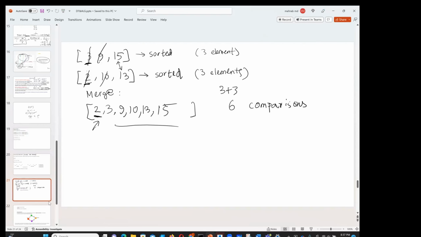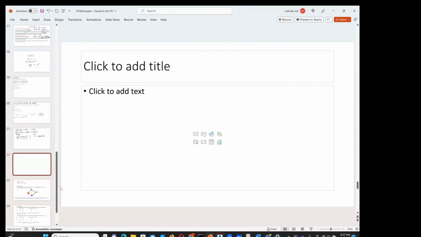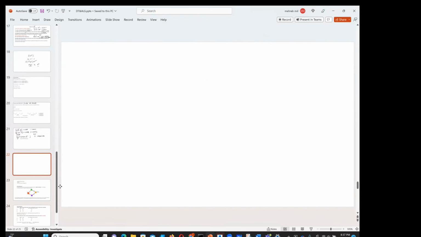I guess this is clear to everyone, but a few of you may still not be convinced. Let's try another example and then you will be very much convinced. Say 1, 2, 3, 4, 90, and then 15, 16, 18.